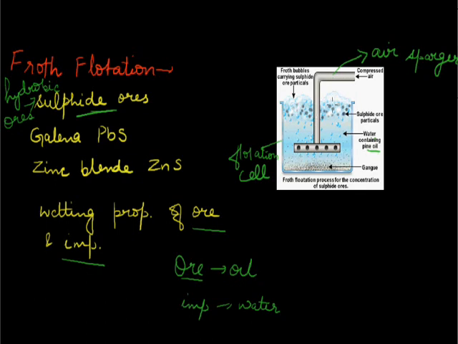Now as this setup is made, the process begins and ore gets wetted with oil. Now oil has a tendency to float over water, one thing. Secondly, the air particles also attach with ore. So both of these things make ore pass into froth. Ore becomes light due to its interaction with oil and air. It is carried over to the surface in the form of froth bubbles.